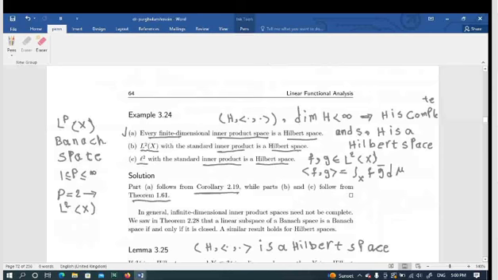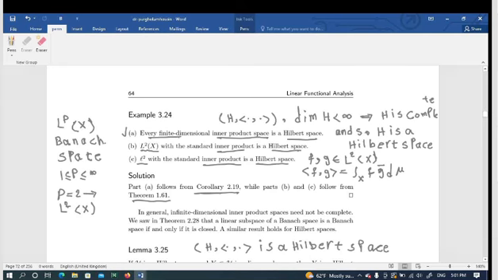Now some examples. For example, every finite dimensional inner product space is a Hilbert space. So if H is an inner product space and the dimension of H is finite, then H is complete.